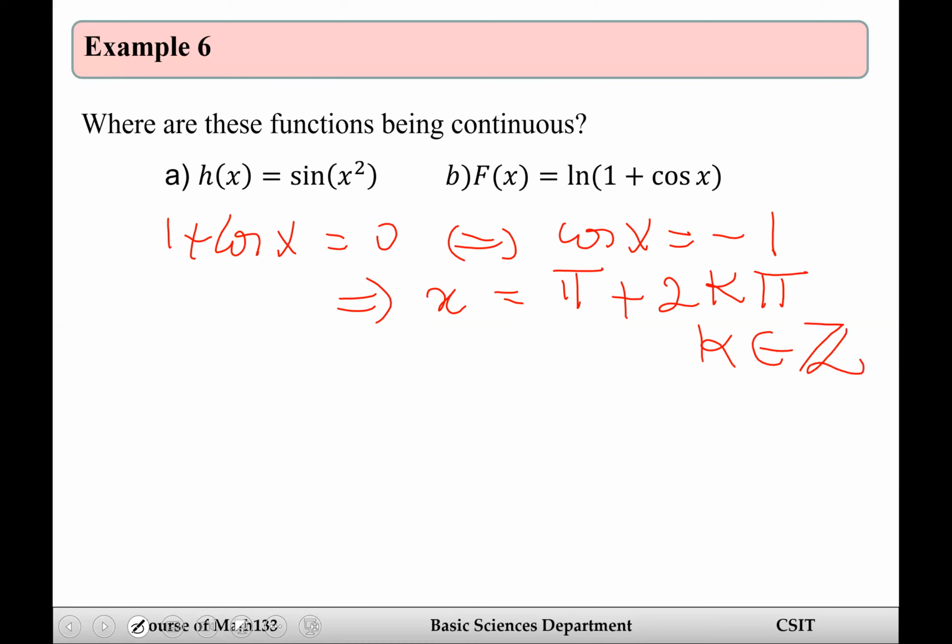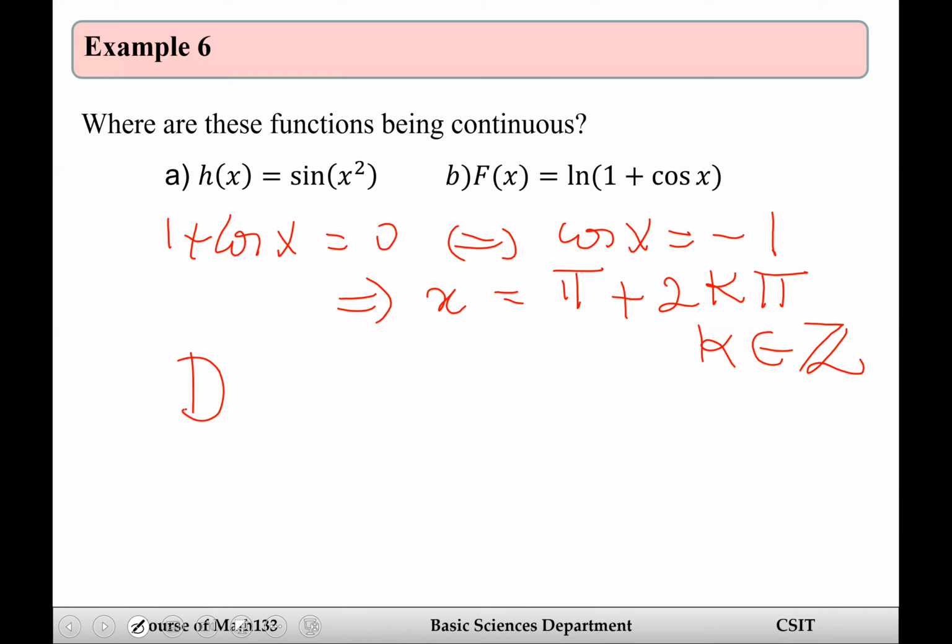So I have to remove these from all the real numbers that we can take. If I remove this, I will get that 1 plus cosine is between 0 open and 2, which is fine for my domain of the composite function.